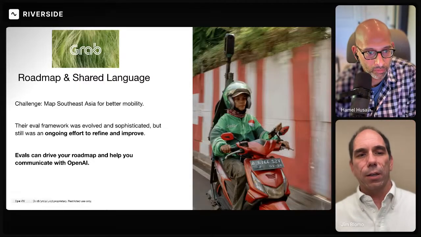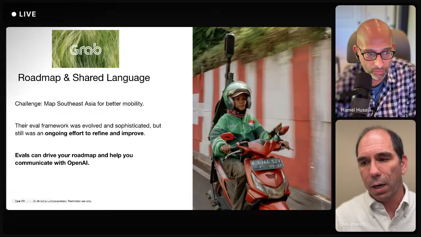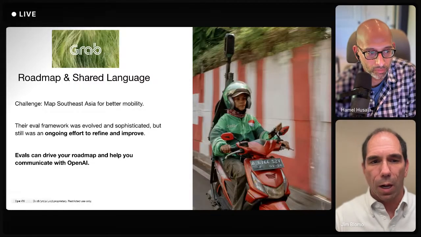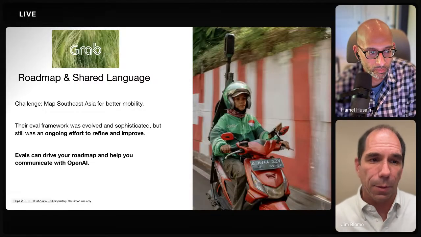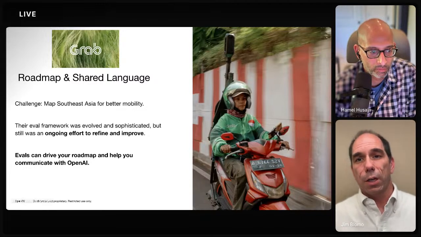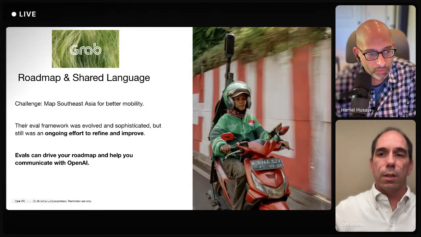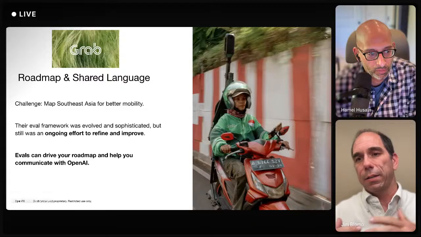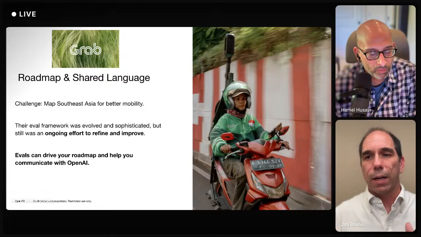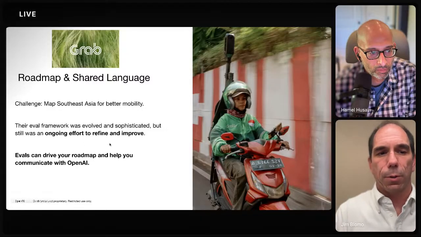They additionally started mapping to improve the mobility of delivery and provide on-demand rides. One of the places they were using OpenAI is, given all of this visual data, could the AI recognize street signs, number of lanes, and information about the roadway?